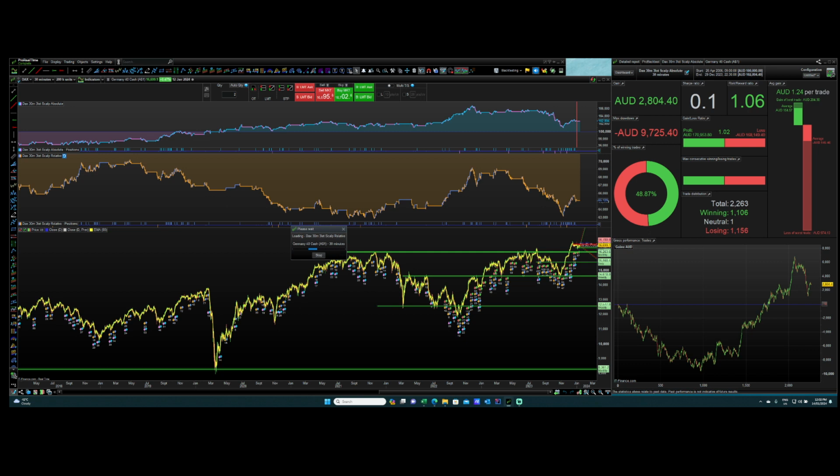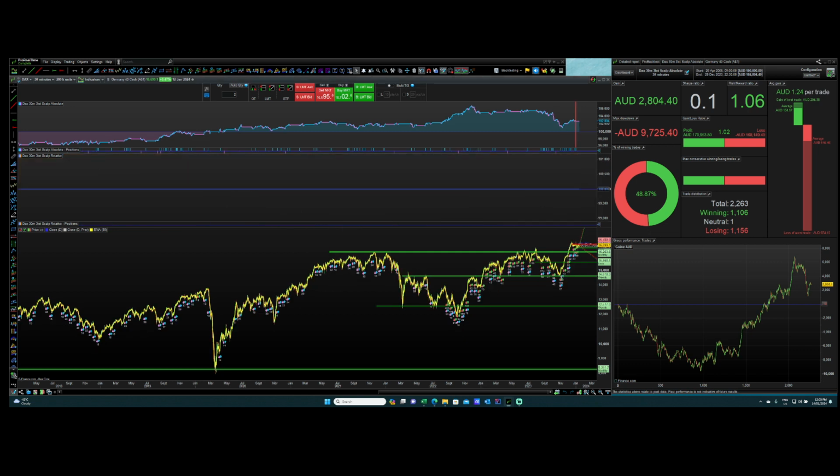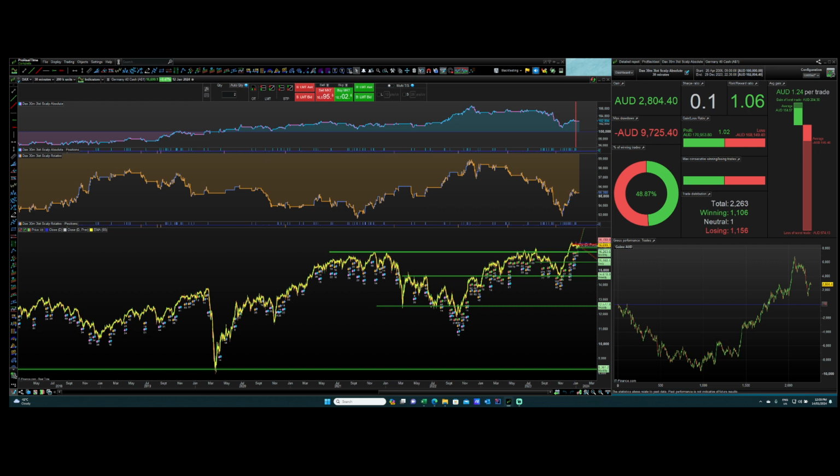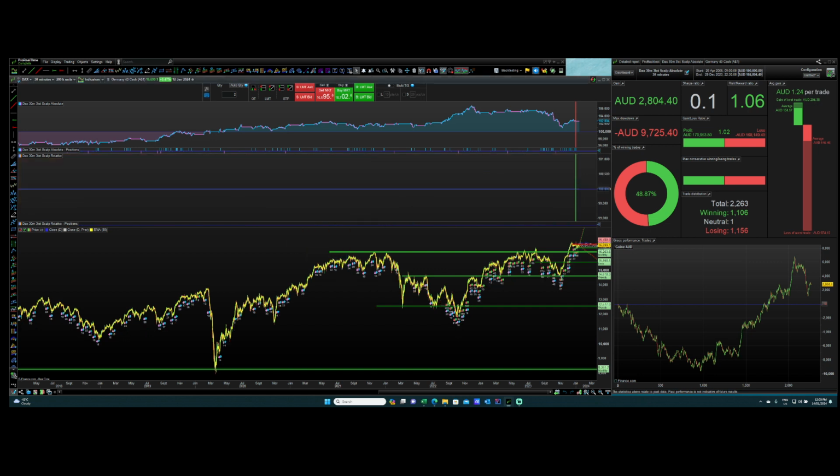I just reinstated the 55 EMA, and now, okay, here we go. That runs it. Oh yeah, I have to remove the, apologies. Okay, now month one's enabled.